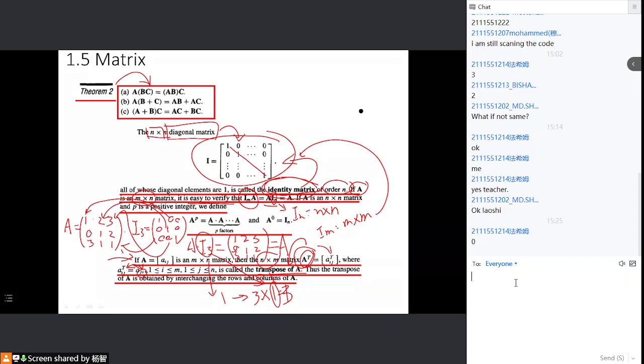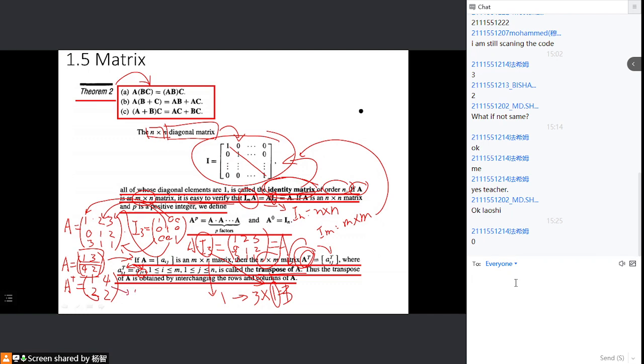I also give you an example. A equals 1, 3, 4, 2, and AT. AT means you just turn this matrix around. The first row becomes the first column, and the second row becomes the second column. This is AT. Is that right?